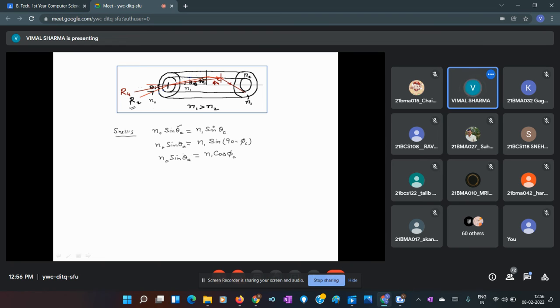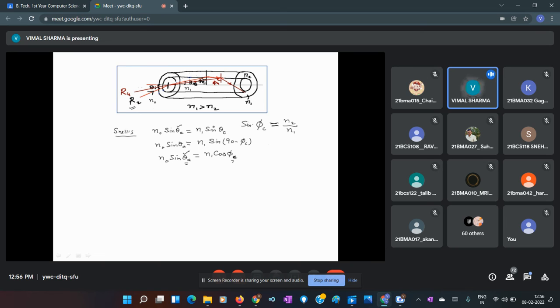So we know that when a ray is launched at this angle, that is the acceptance angle, it makes an angle at the core cladding interface equal to the critical angle. And from the definition of critical angle, we all know that sine of phi c is equal to the refractive index of the rarer medium divided by the refractive index of the denser medium.